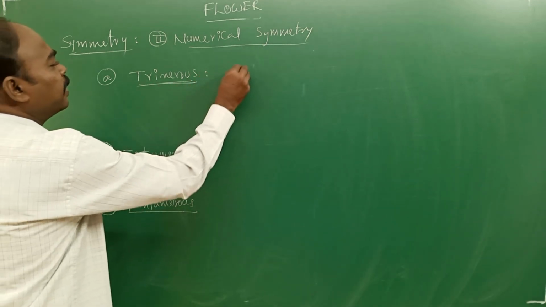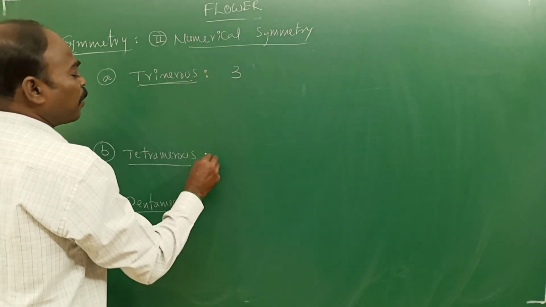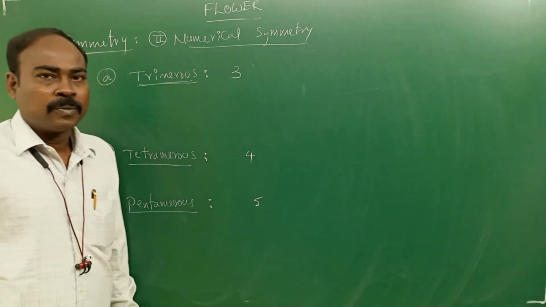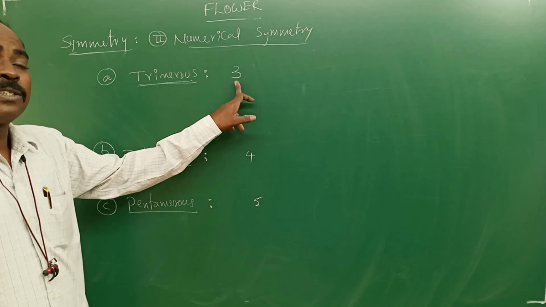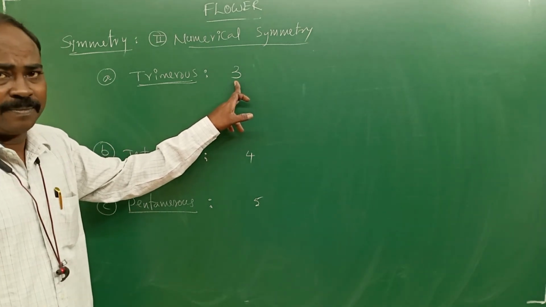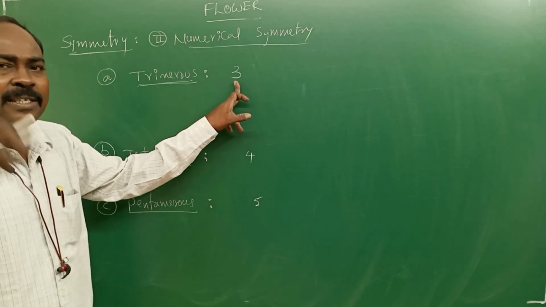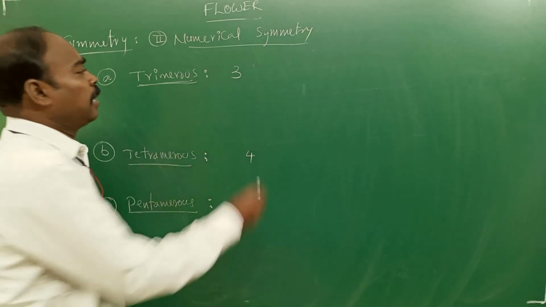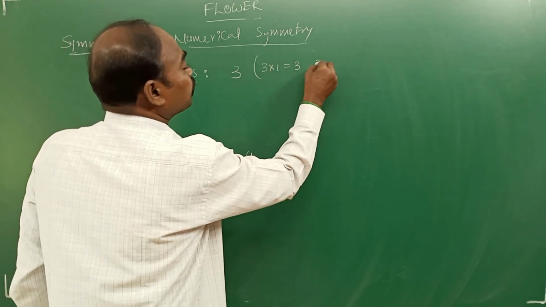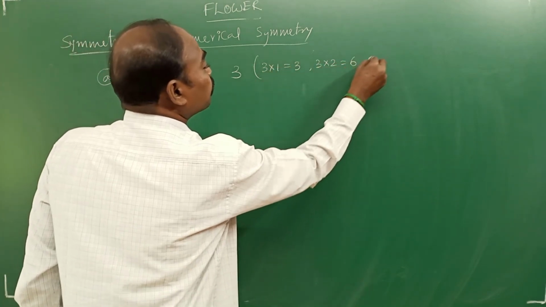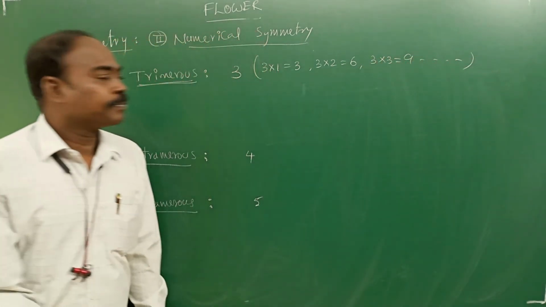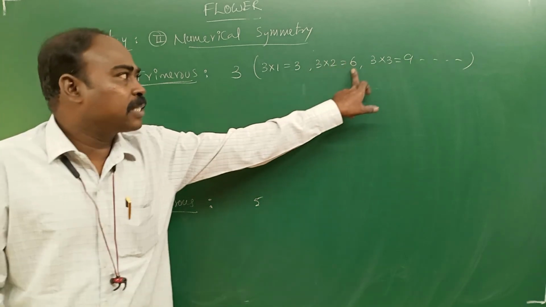What is tri? 3. Tetra means what? 4. Penta means what? 5. Calyx and corolla are 3 in number. In a flower, 3 calyx, 3 corolla, or multiples of 3: 3, 6, or 9.